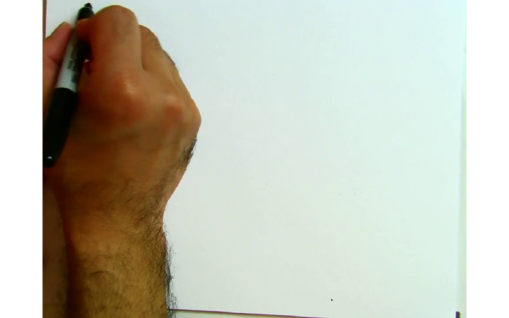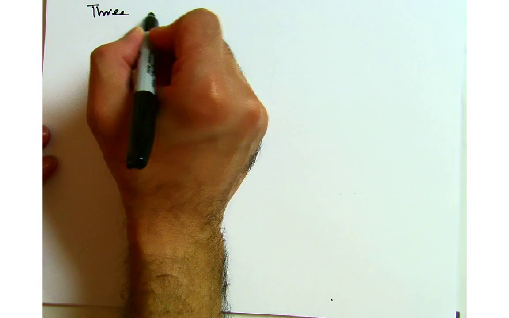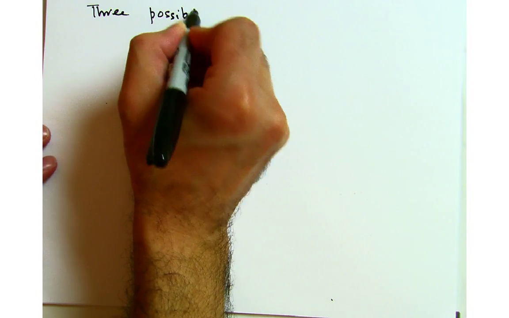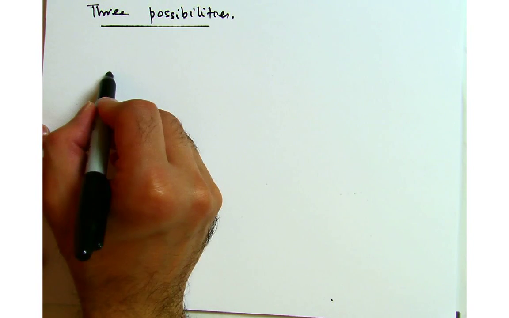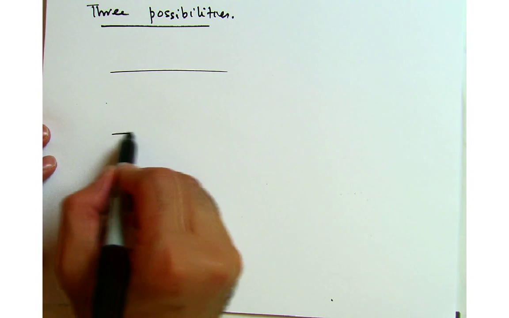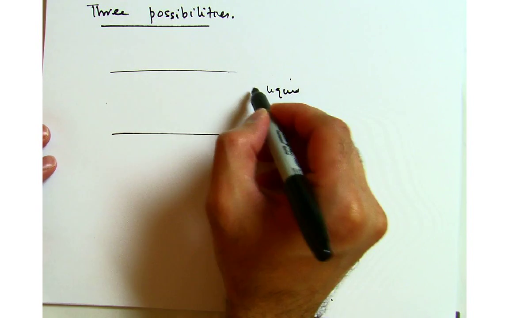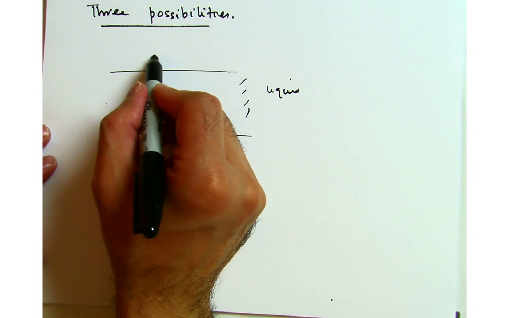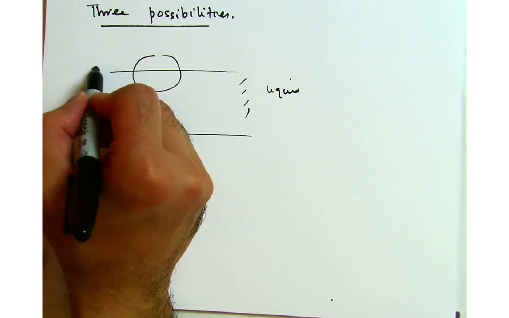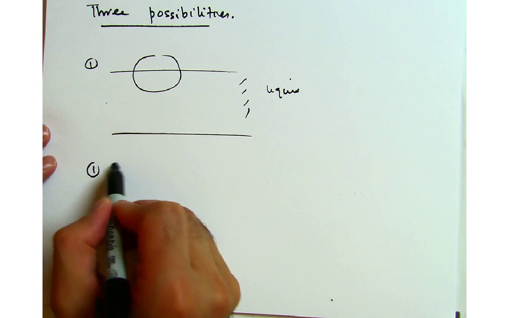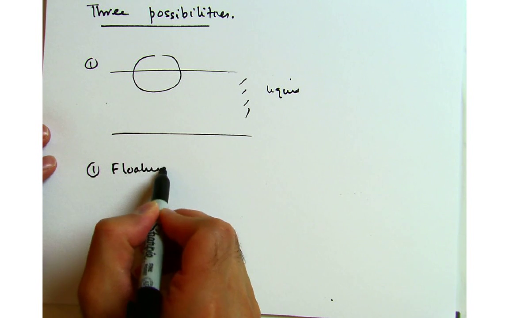All right, so let's look at 3 possibilities. Suppose this is a liquid layer. The first possibility is that the object is floating.